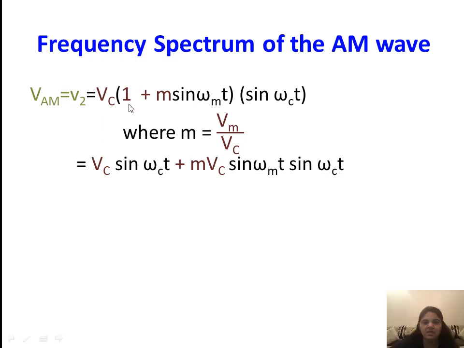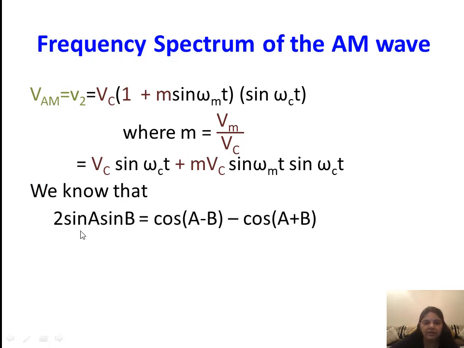So this sine omega ct will multiply Vc sine omega ct plus small m Vc sine omega mt sine omega ct. Now we know that 2 sine A sine B is equal to cos A minus B minus cos A plus B. So we are using this relation.